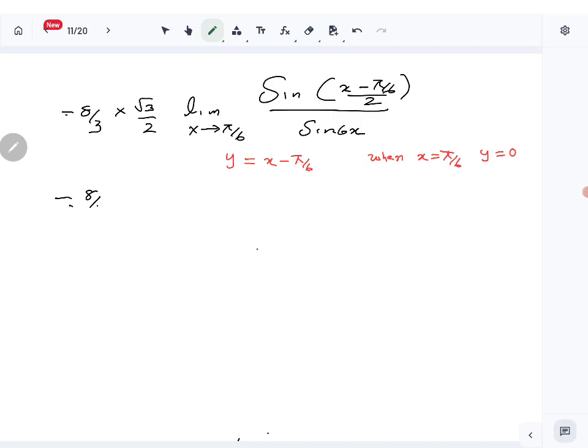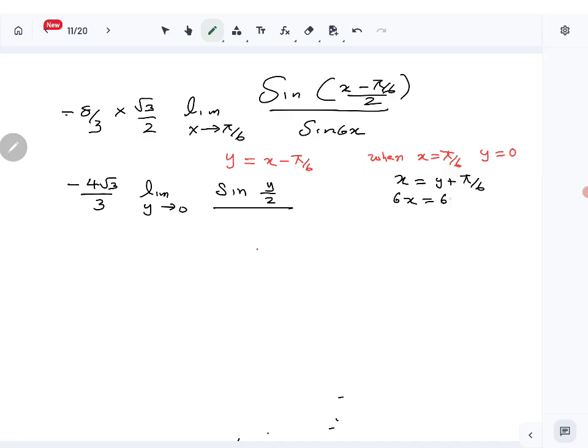Let's simplify the constants first, so you get minus 4 root 3 over 3 limit y goes to 0 sine y over 2 over sine 6x. x is y plus pi over 6, then 6x is 6y plus pi. So sine pi plus 6y.